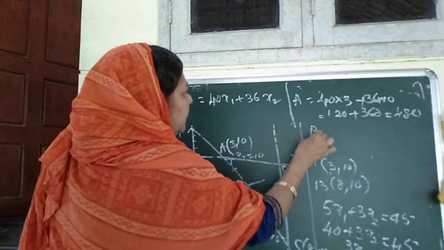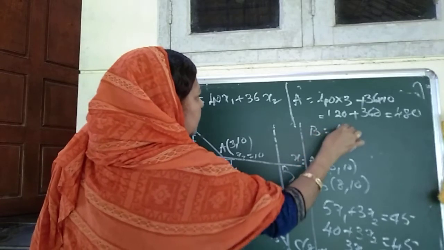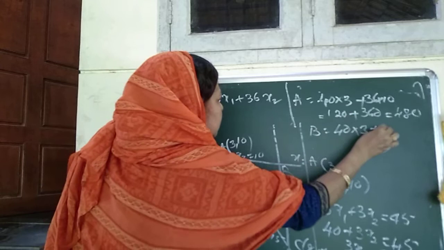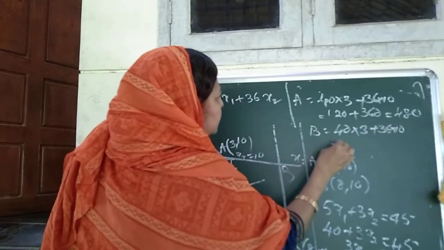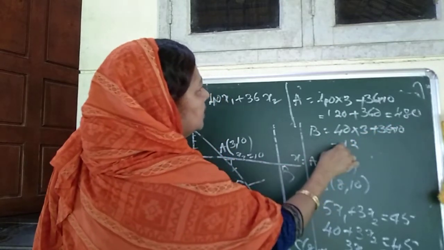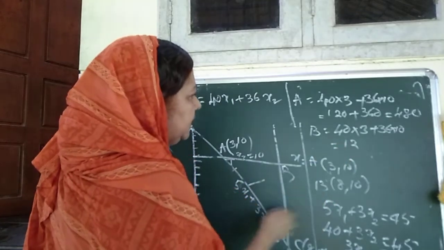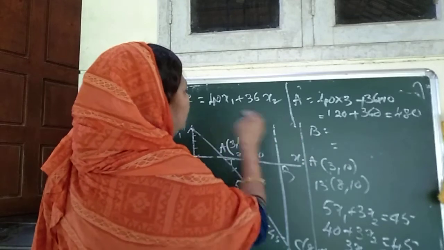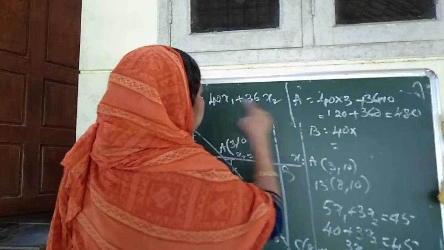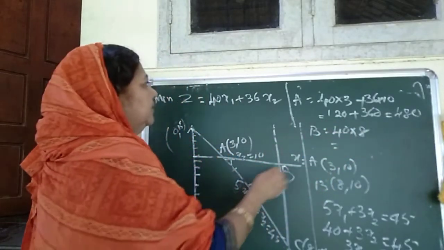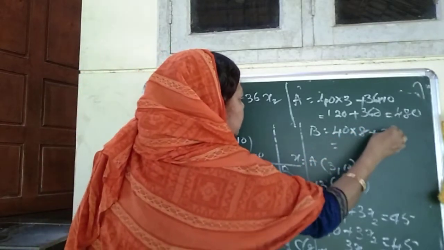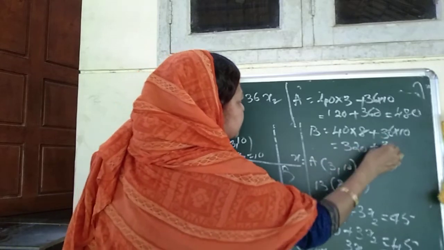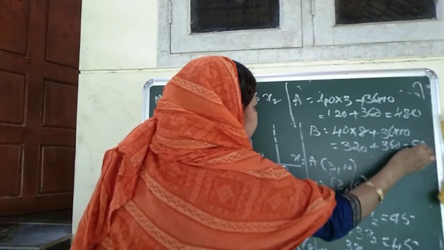At B, it is 810. So, 40 into 8 plus 36 into 10. It is 320 plus 360 gives 680.